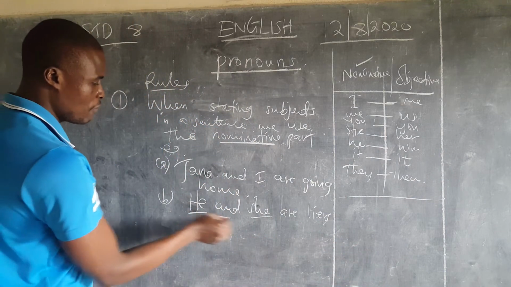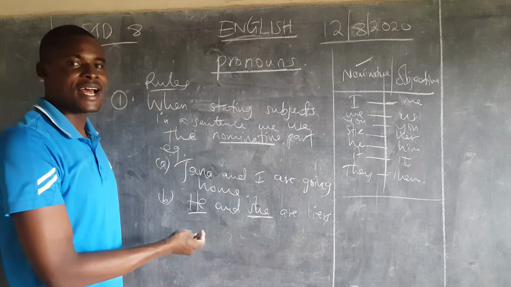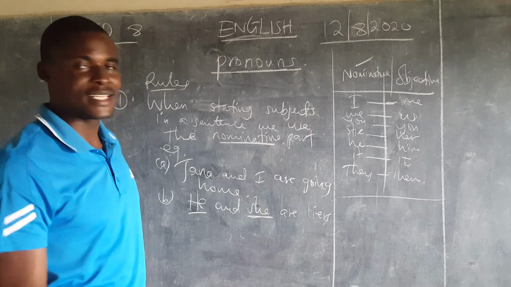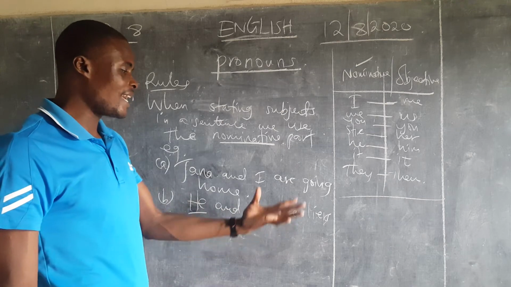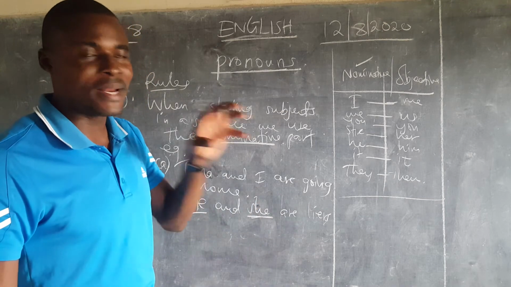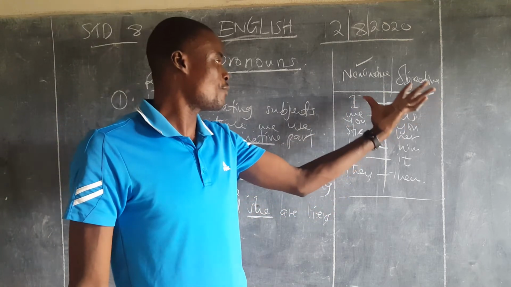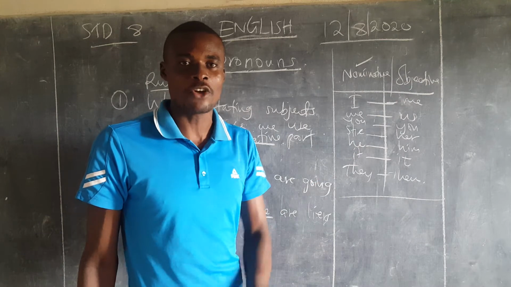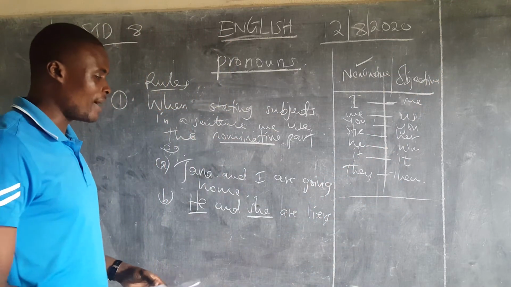Because these ones are people. Initially they were people's names. Maybe he is Daniel and she is Grace, for example. So initially we say Daniel and Grace are liars. But because we are now replacing them using pronouns, learner, you have to be cautious of this. You must use the nominative part only. Don't go to the objective part, so you don't miss that particular mark.